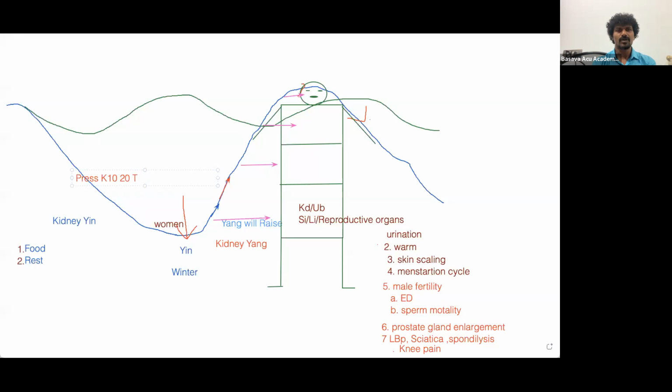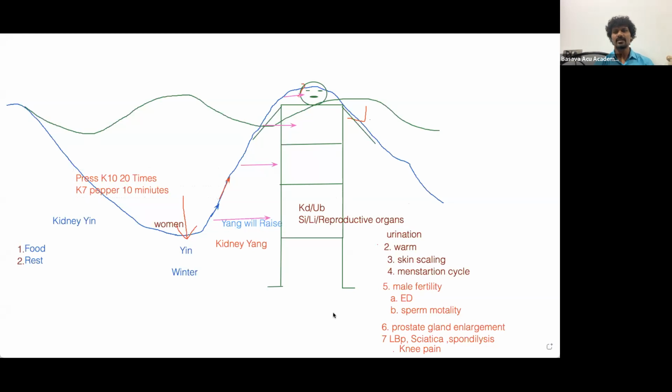Instead of pressing, you can put pepper and make it K7 tonification, 10 minutes. It will raise the yin.